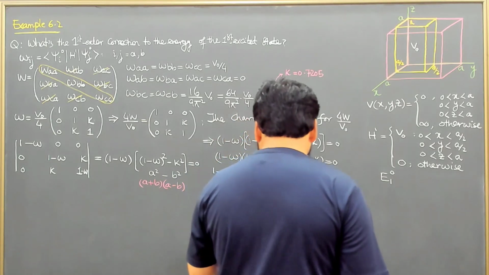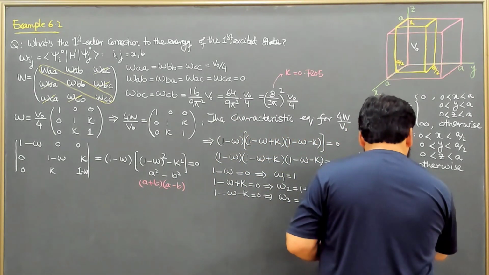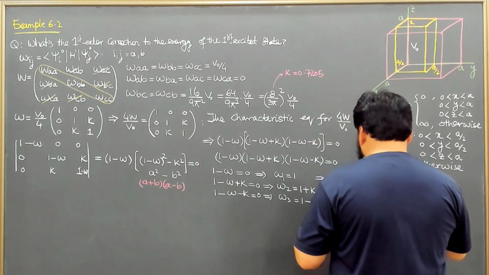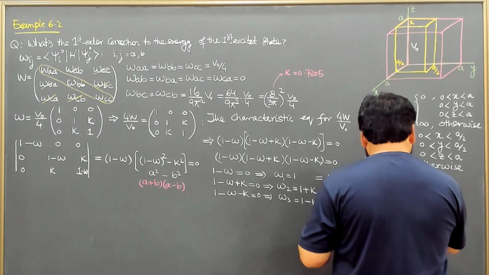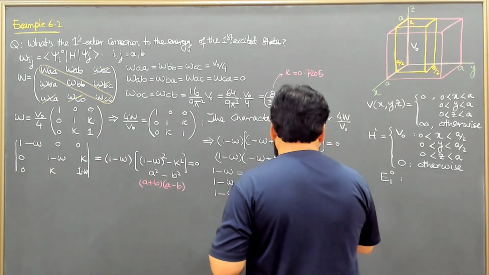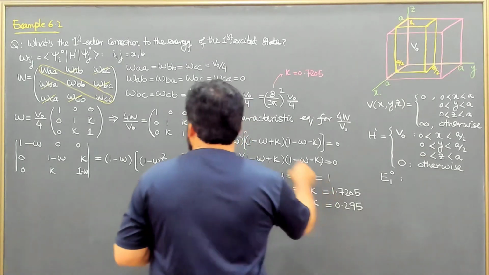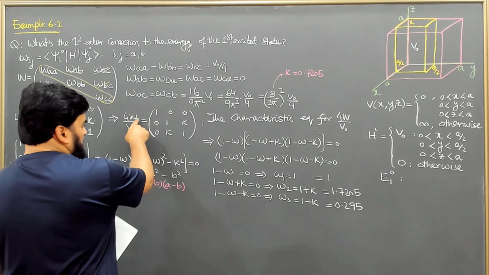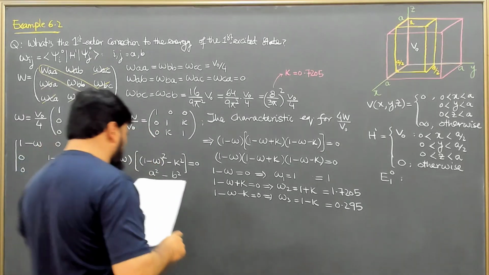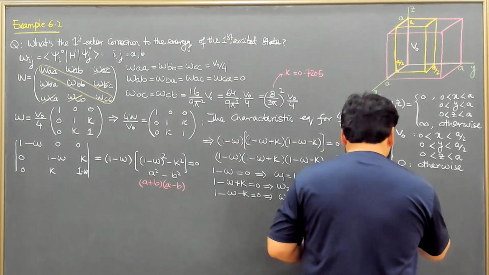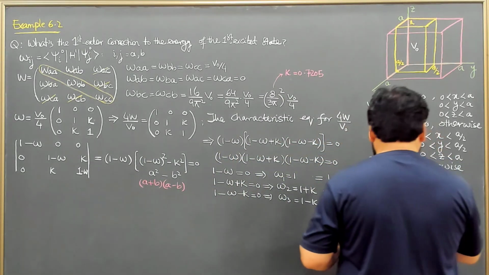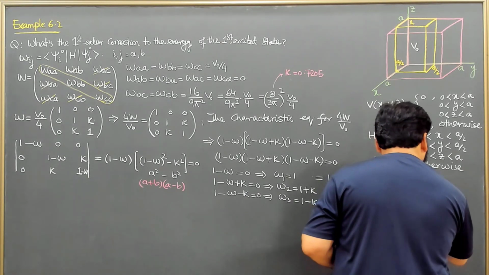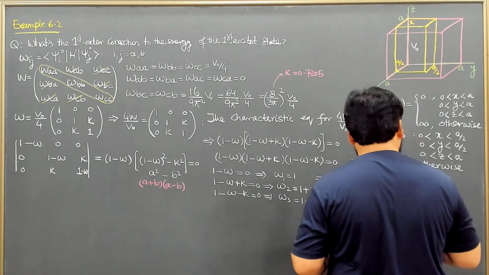One energy here shifts by how much? When W1 equals 1, we have V0 over 4, so it is E10 plus V0 over 4.